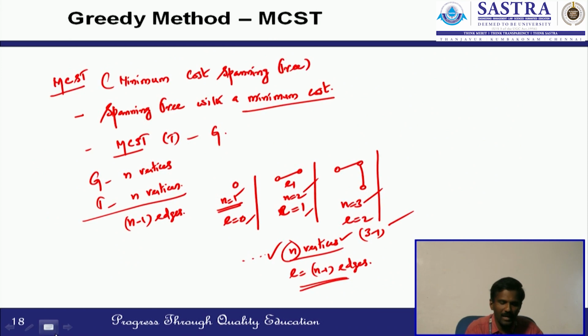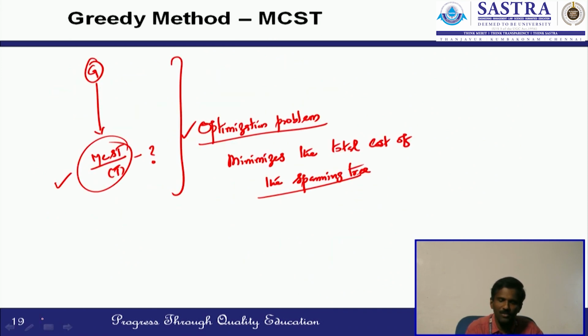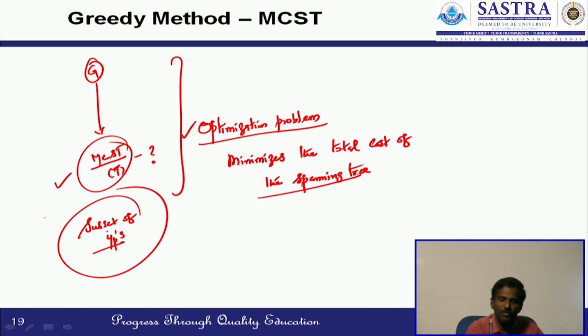So whenever we have an optimization problem that results in a subset of inputs as the solution vector, then that problem can be solved by applying the greedy design strategy.